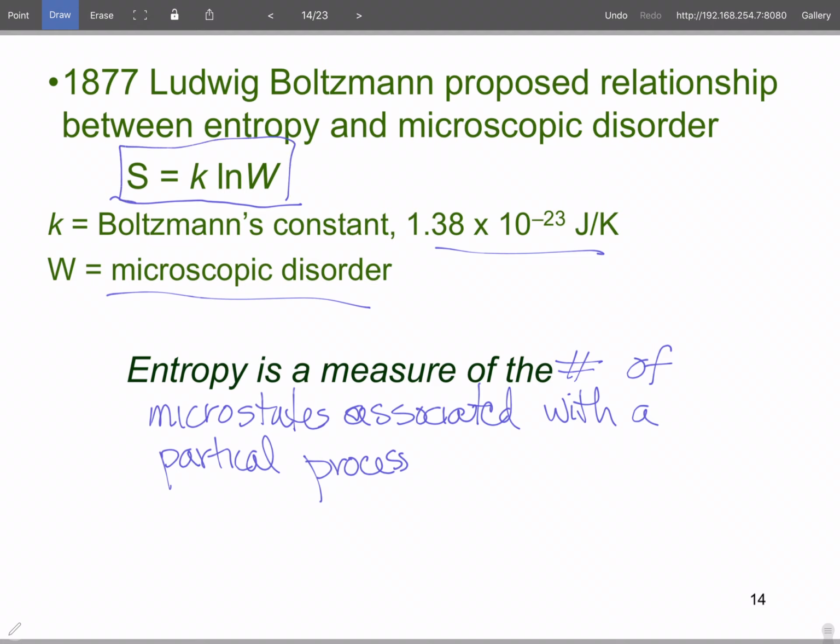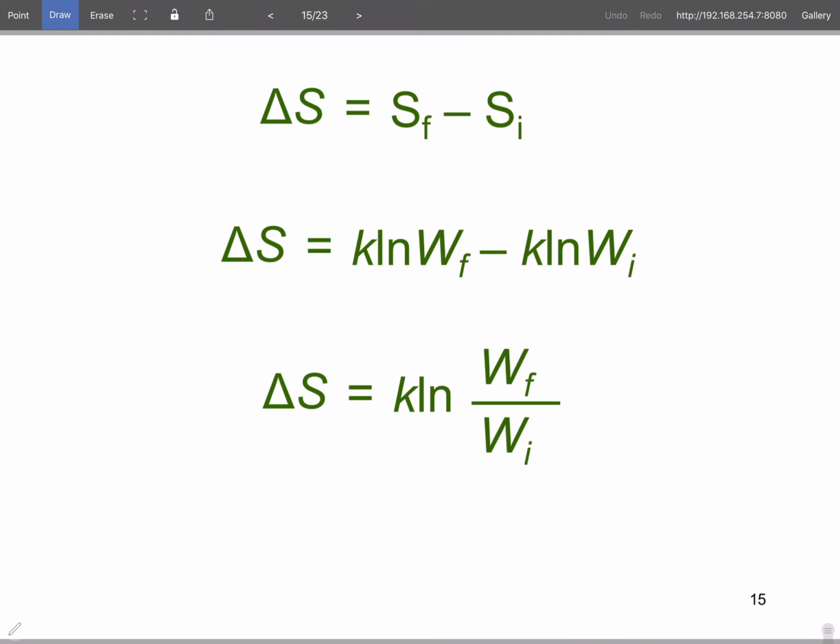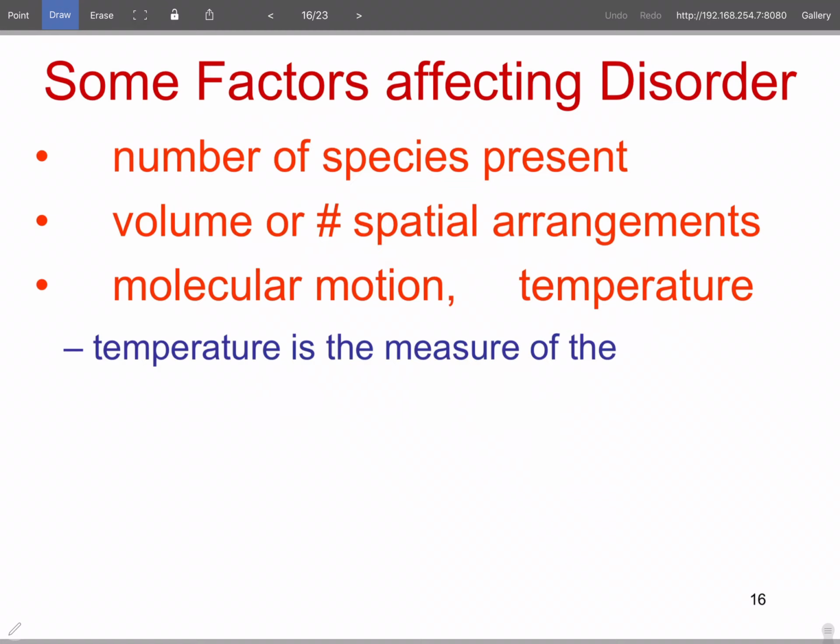But all I want you to do here with Boltzmann's relationship is to understand that entropy is related to the microstates. Okay, you can relate it to work using Boltzmann's constant and the initial and the final work done. Again, know that you can do this. I'm not going to get into this one, okay? But I am going to look at factors that affect the disorder.